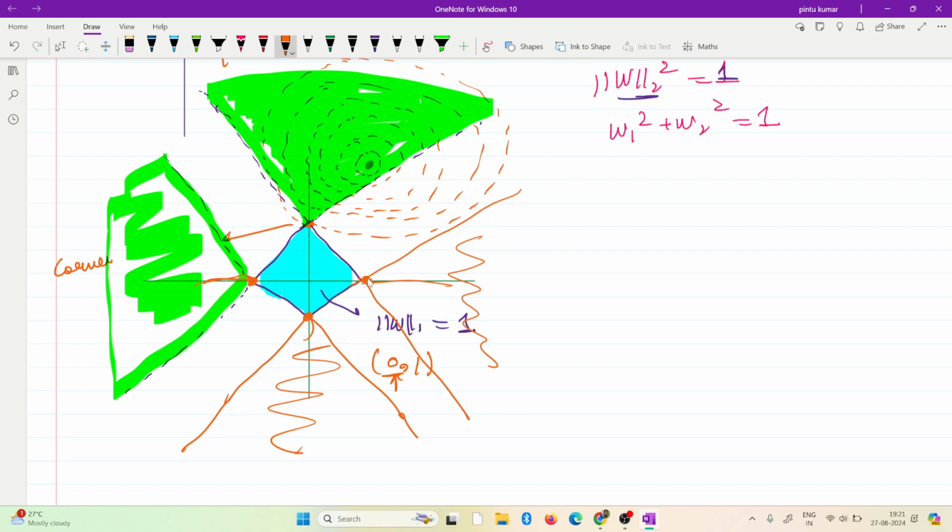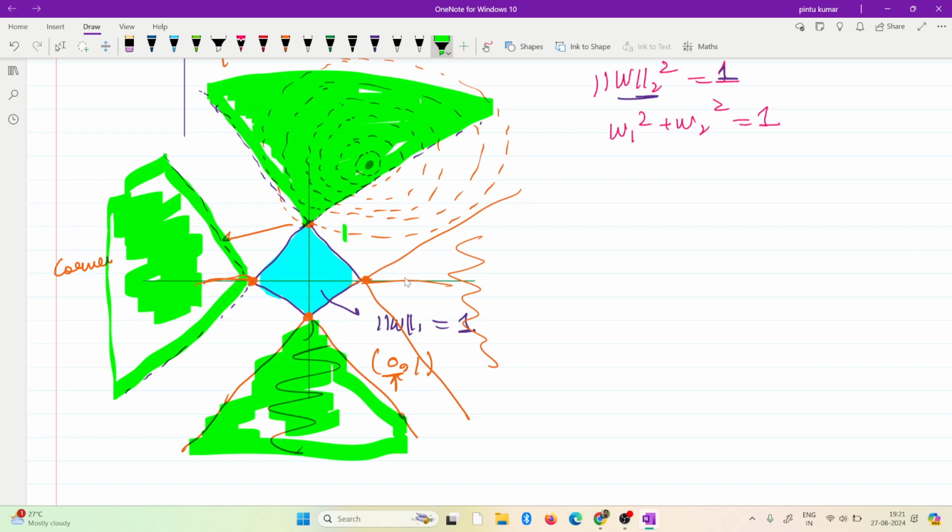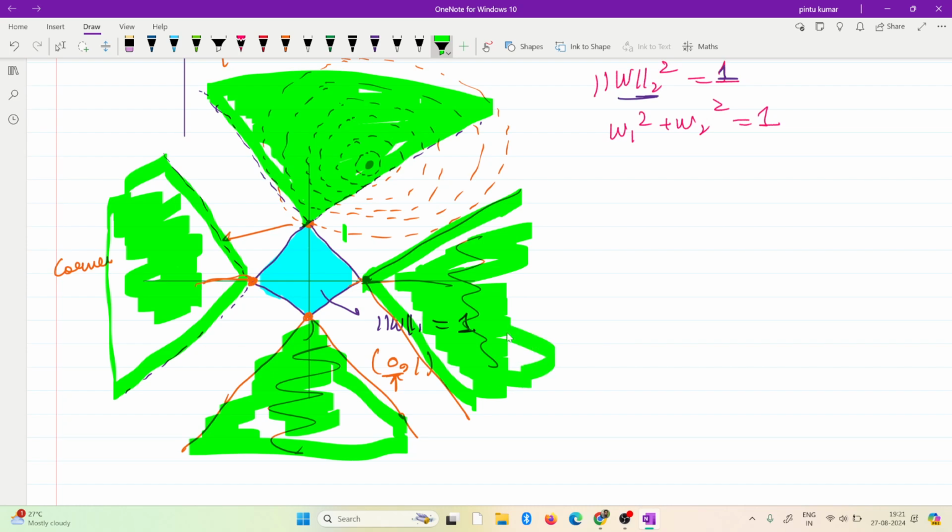So what I want to say is, for a large portion, if your minima lies in these regions, so these all green shaded regions, whatever portion I have shaded by green, you will hit something that is a sparse vector.